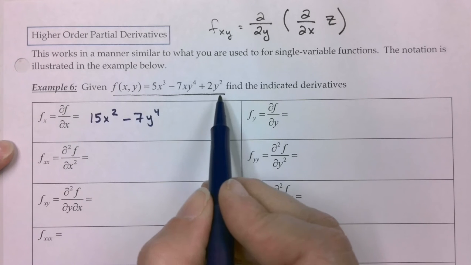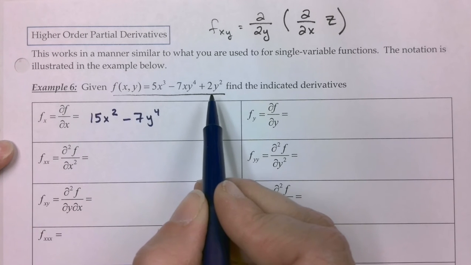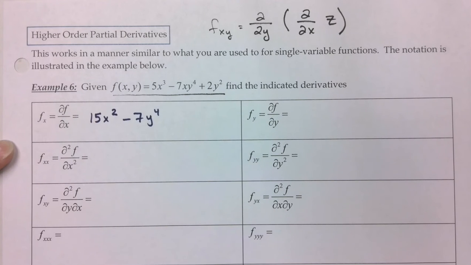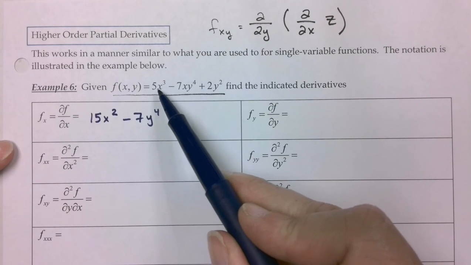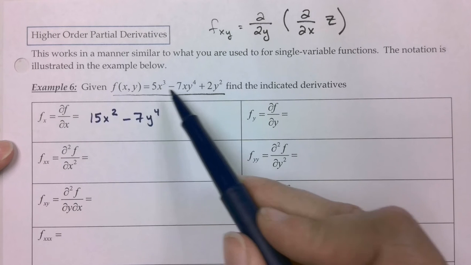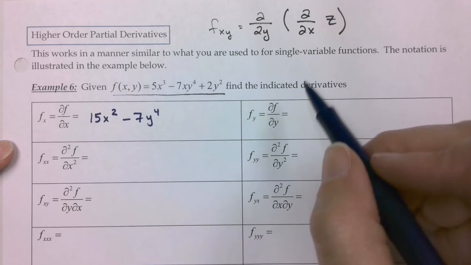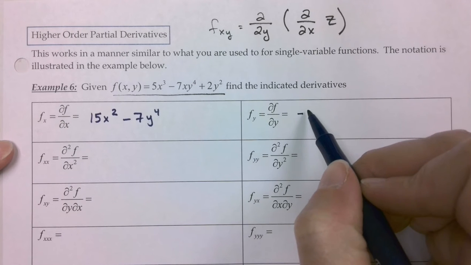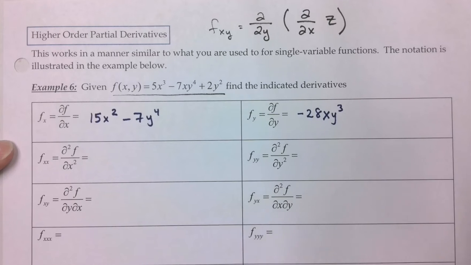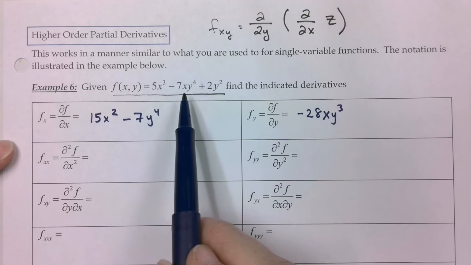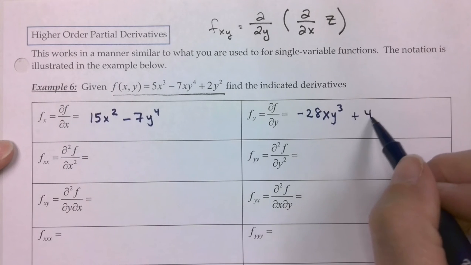And then this part, it's constant, so its derivative is 0. All right, similarly, let's take the derivative with respect to y. So that would mean 0 here, so there's no y in that term, minus 7 times 4, so negative 7 times 4 is 28. There's an x, and then y to the third, because you're bringing the power down and subtracting 1, plus 4y.